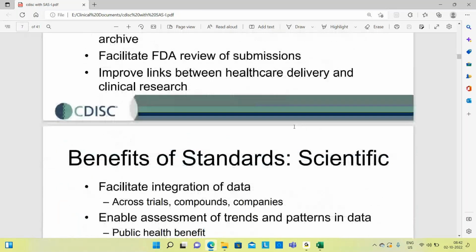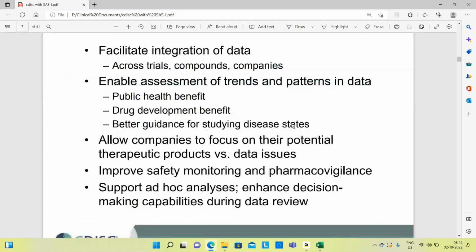Next, scientific. It facilitates integration of data across trials, compounds, and companies. It enables assessments of trends and patterns in data.